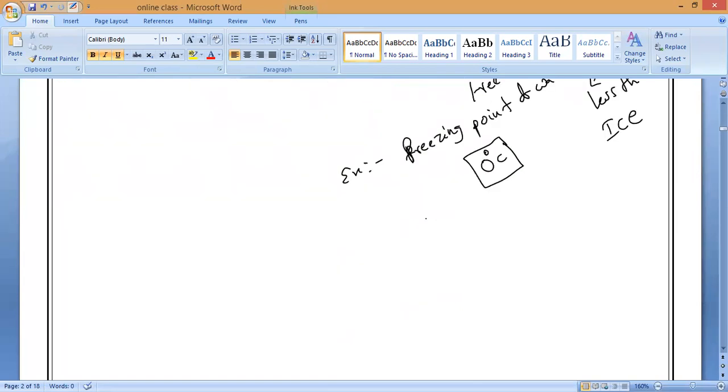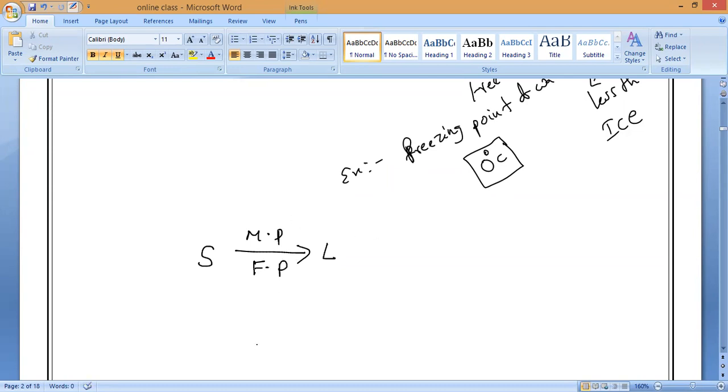You might notice that for every substance, melting point is equal to freezing point. Please note it down. Solid to liquid, whatever the melting point, the same for liquid to solid, that is what we call the freezing point.